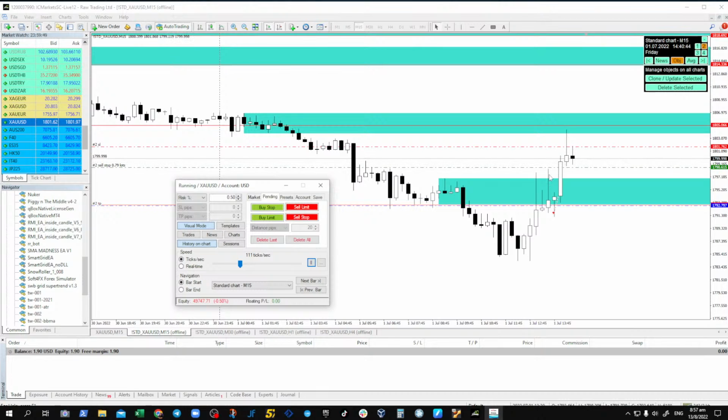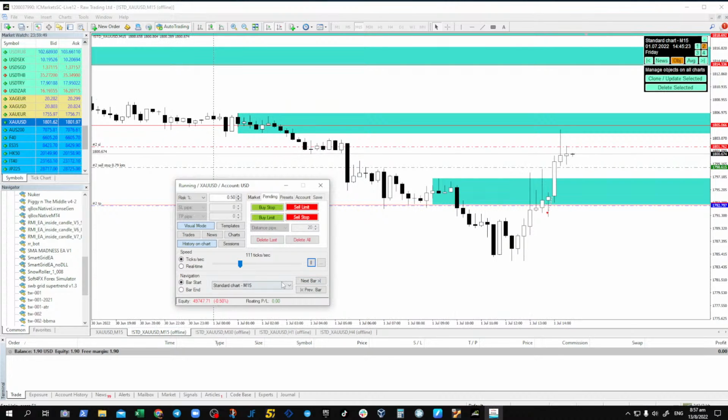So we got 5 more minutes for this candle, 4 minutes, and if this one breaks down, it means it's going to continue to go bearish, or if not, we have to cancel this order and re-evaluate.